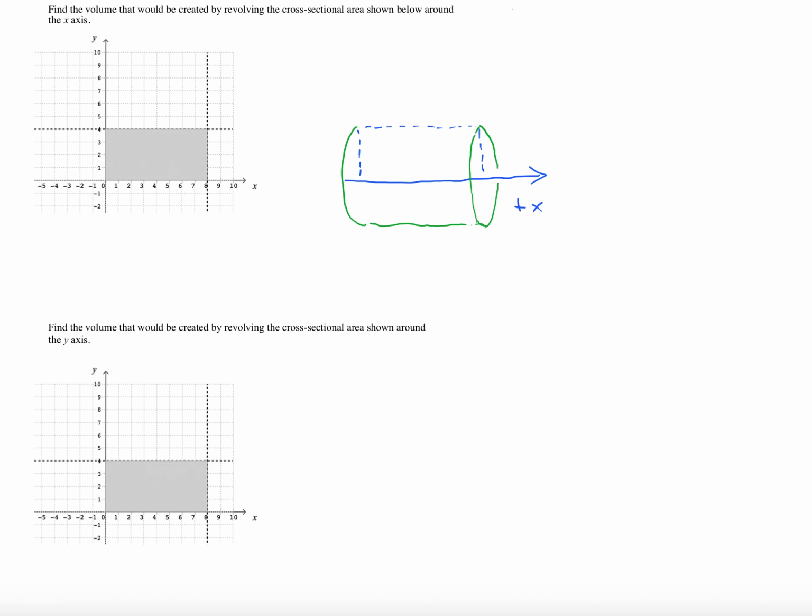To use the disk or washer method, you want to slice the shape into wheels or plate-shaped objects. And so we want thin slices.